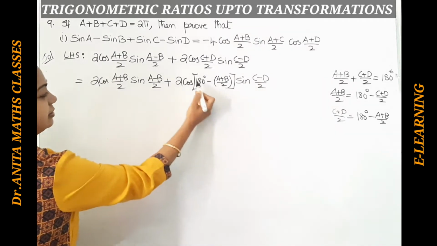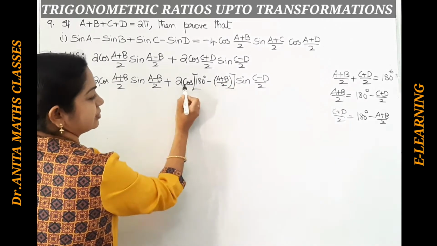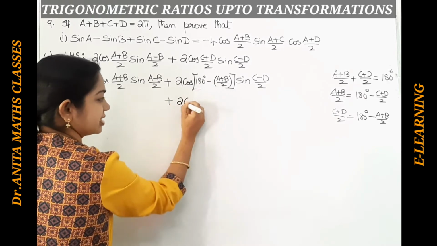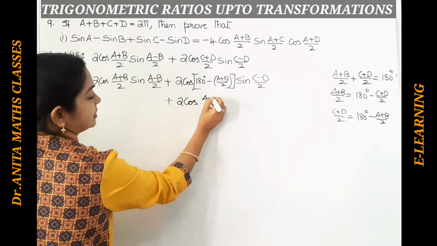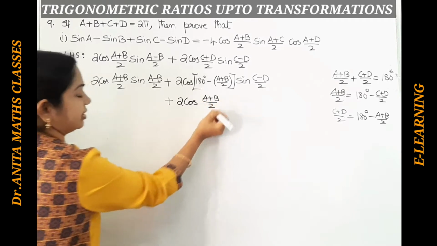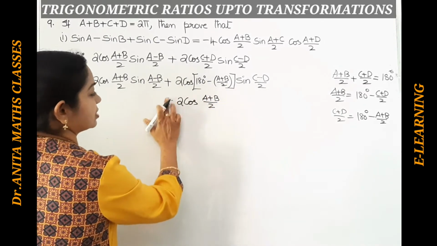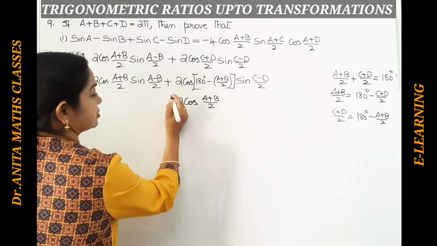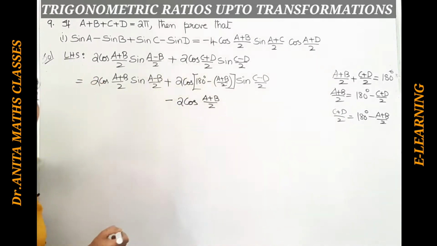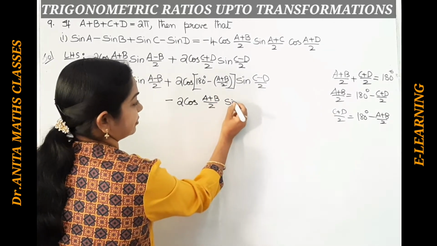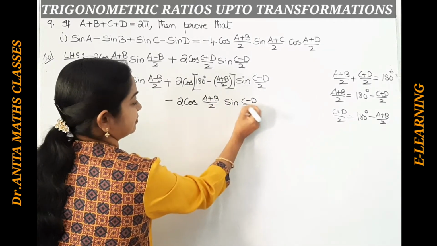And from here, this is cos of 180 minus A plus B by 2, that becomes just 2 cos A plus B by 2, because it is in the second quadrant. Okay, so 180 minus means the second quadrant, where cos is negative, right? So we'll take minus here. Right. So 2 cos A plus B by 2 and sin of C minus D by 2.